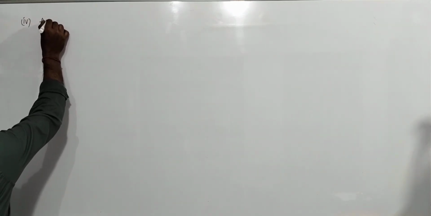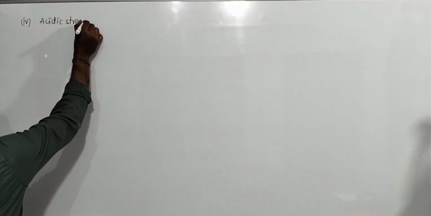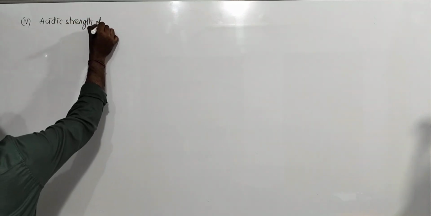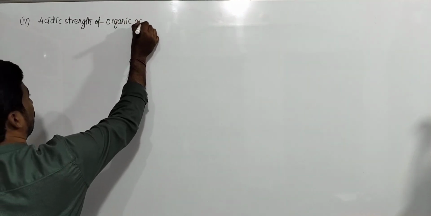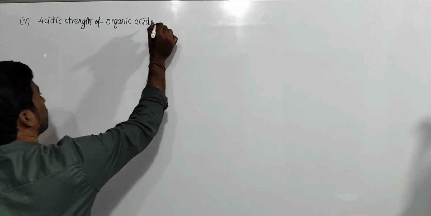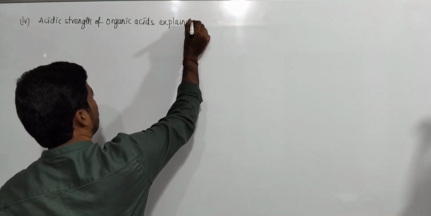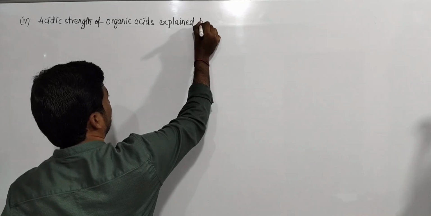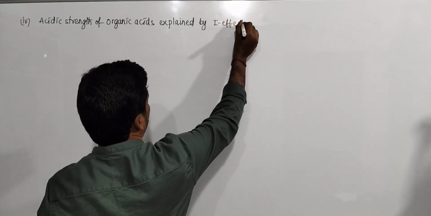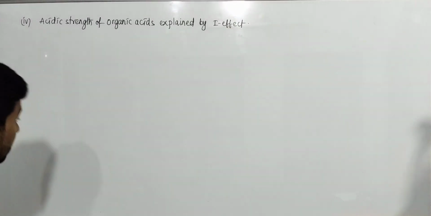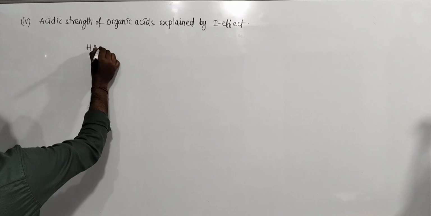Next, fourth one, this is an important one. Acidic strength of organic acids is explained by inductive effect. So how will it be? Suppose HA is some acid.